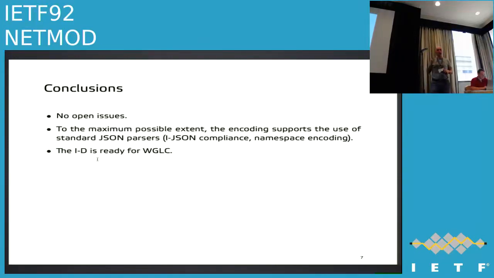So for any particular use of anyxml, the data model has to decide what to do. It's perhaps not even necessary that this use of anyxml is intended for anything other than XML encoding, so that there is no need to discuss the translation to JSON.